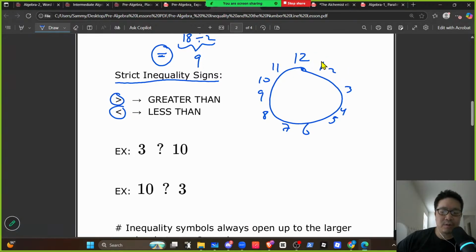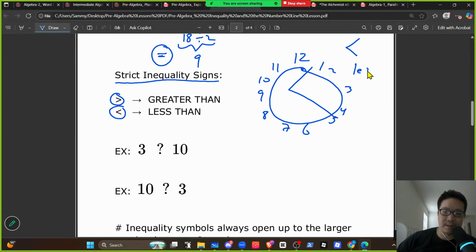Notice that if I have a sign that opens up to the right, the numbers 1, 2, 3, 4, 5, 6 are less than the numbers on the left. So if it looks like that, it's opening up to the smaller numbers, 1, 2, 3, 4, 5. So it's less than.